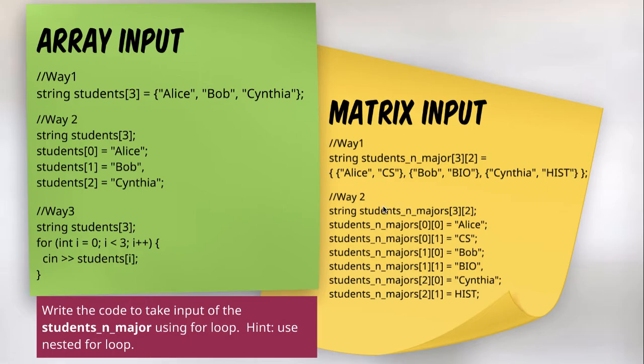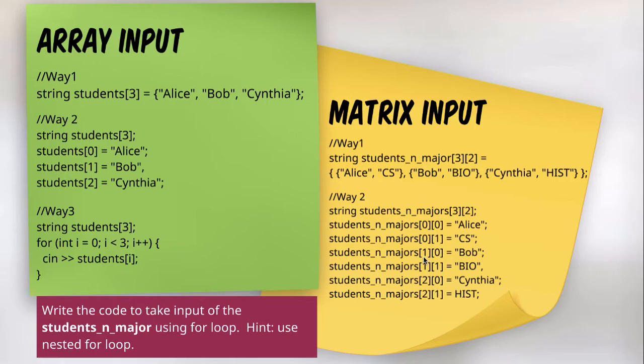The other way is to access each element of the matrix directly and put the value there. So this is a very direct way. Here, as you can see, this 0, 0 means 0th row and 0th column. There I have put the value Alice, the name of the student. And then 0th row, 1st column, I have put the value CS, which is Alice's measure.